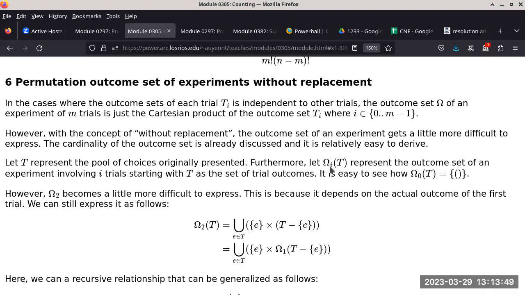Okay. So the result of omega I of T is going to be a set. It's going to be a set of tuples, because sequencing and ordering are important in this case. So what I want to do is to say, can I mathematically define how omega I of T is going to be calculated? The answer is yes, I can do that recursively.